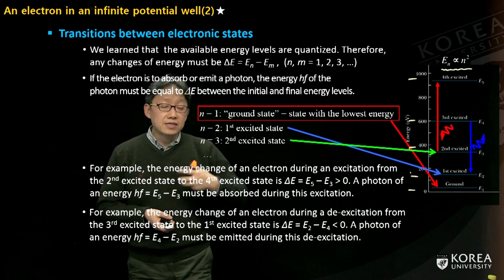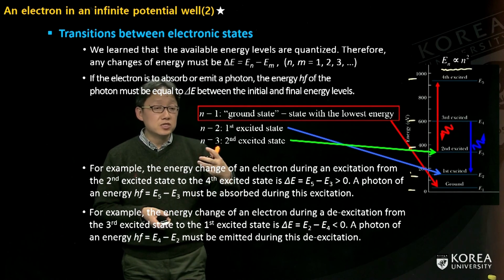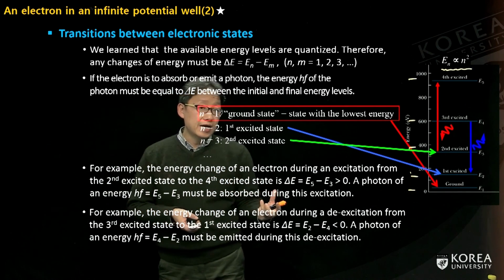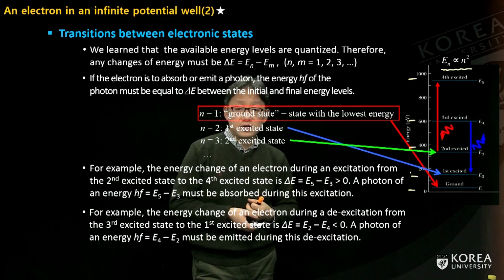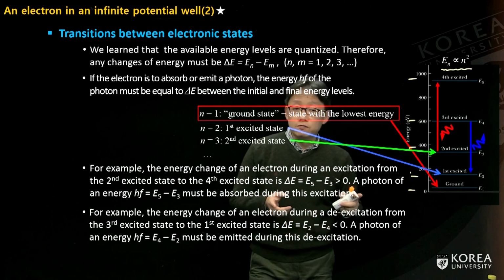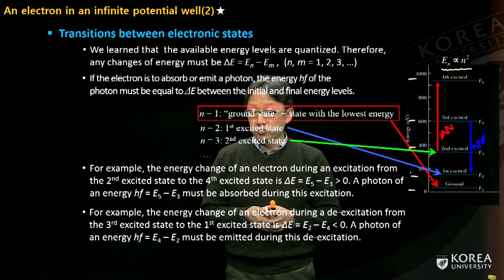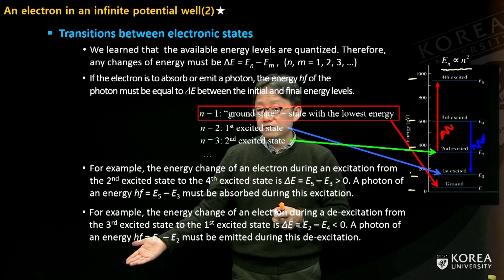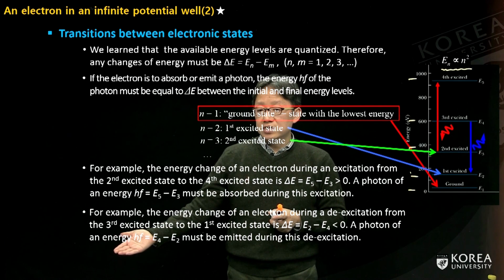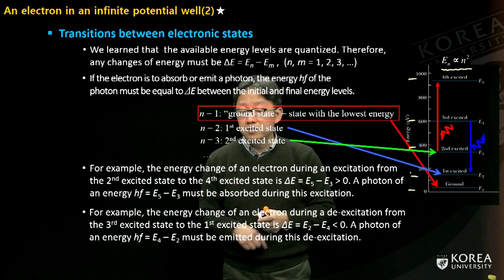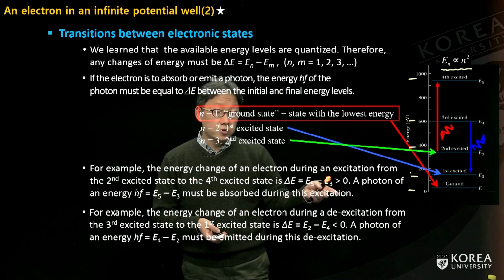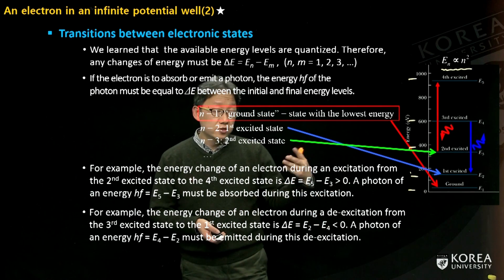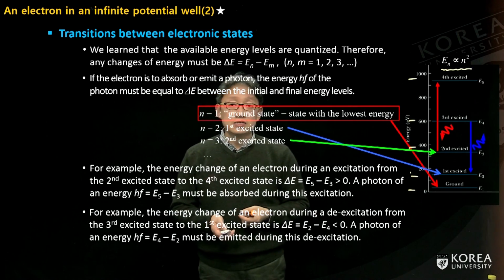It means that the electron's energy has been reduced. In that case, a photon will come out according to the conservation of energy. So the photon coming out during this process must have a frequency exactly equal to E4 minus E2 divided by the Planck constant. This process is called de-excitation because it is the opposite of excitation.